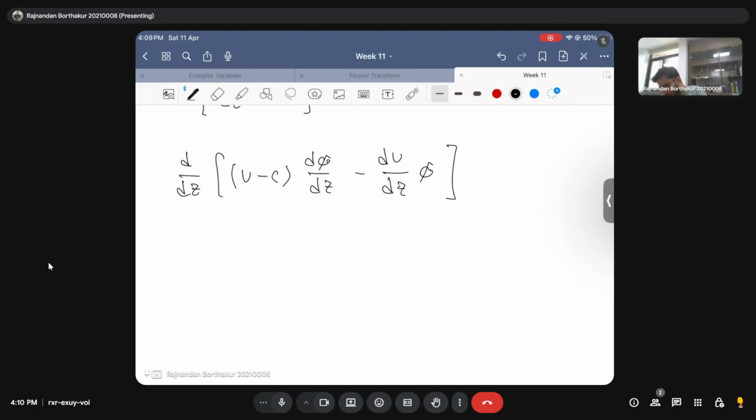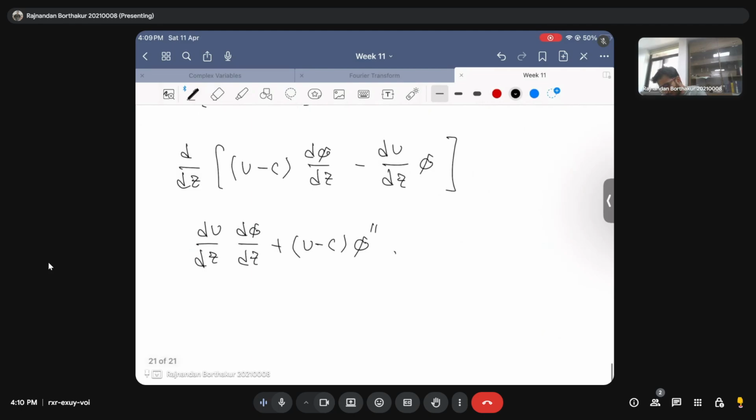So differentiation of the first function becomes d of u by dz times d phi dz plus u minus c times phi double prime, where phi double prime is d2 phi by dz squared. And then if I take the derivative here, this becomes minus u double prime phi minus u prime phi prime.